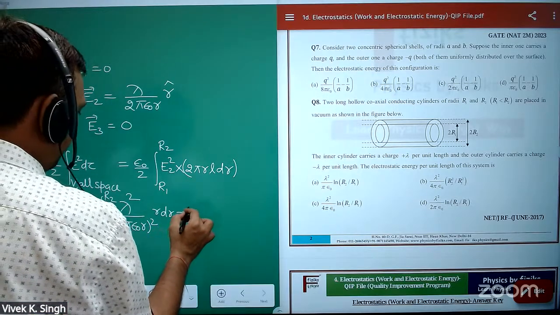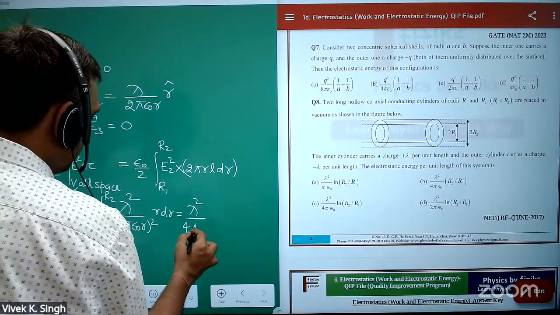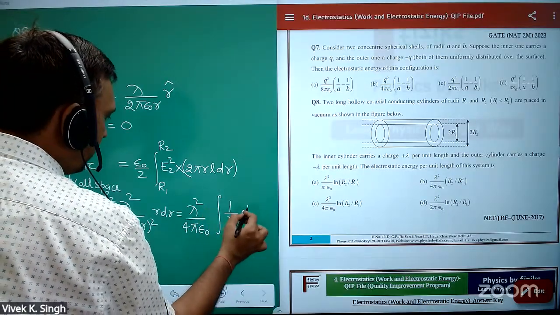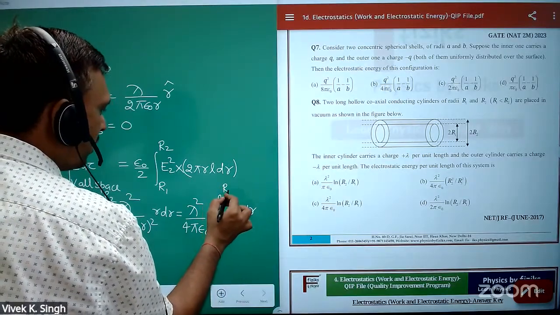So this will give you lambda square by 4 pi epsilon naught, 1 by R dr, R1 to R2.